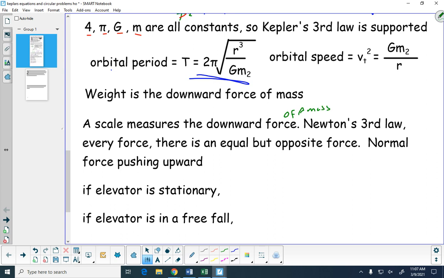Newton's third law: every force has an equal but opposite force. A normal force is pushing upwards. Newton's third law, equal but opposite.